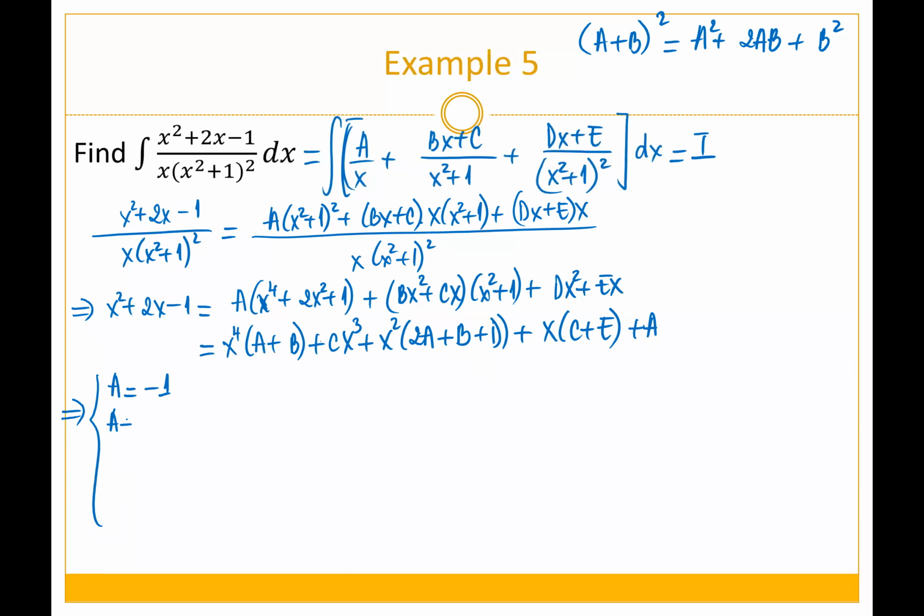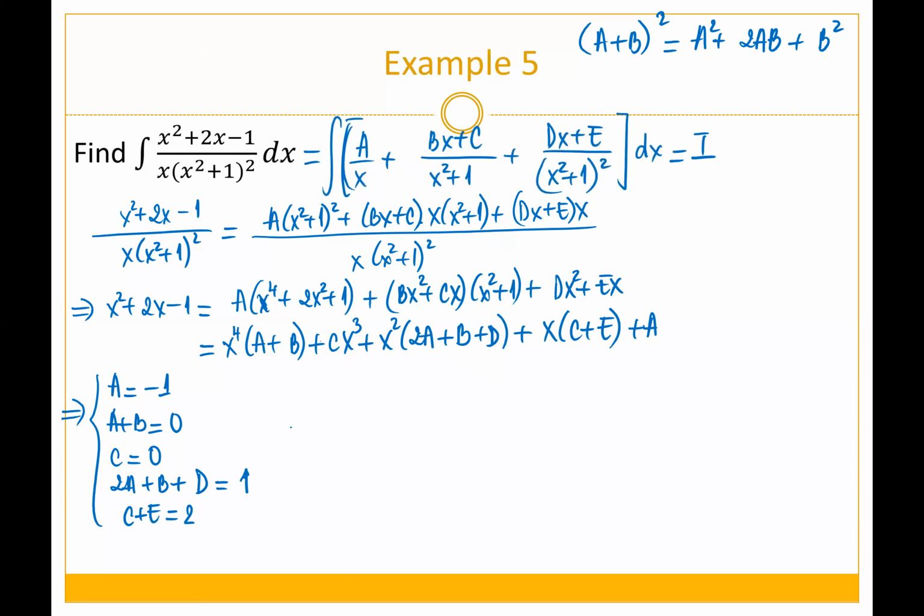And you have A plus B. There's no x fourth over here, so A plus B is just going to equal 0. And then C also equals 0. You already solved some of the unknowns. 2A plus B plus D, this is a D, is equal to 1. C plus E equals 2.